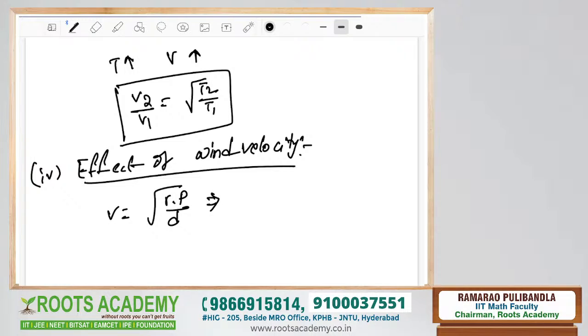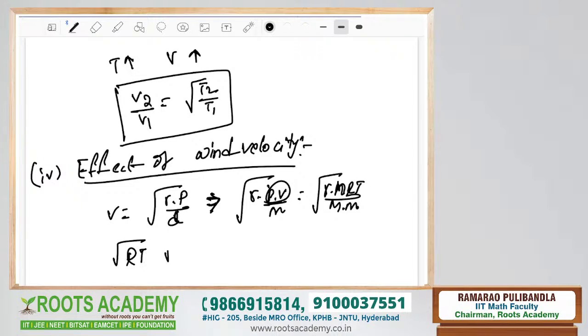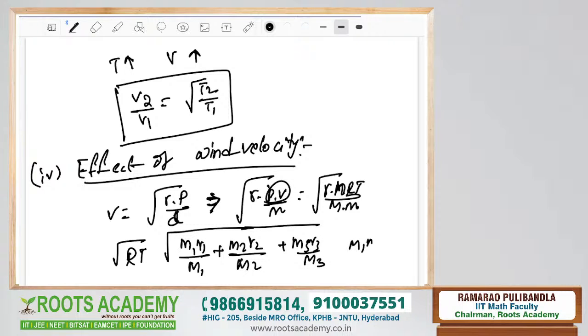In the previous case we substituted the density as M by V, and PV was substituted with nRT. From that we get RT into under root of m1 gamma 1 divided by M1 plus m2 gamma 2 divided by M2 plus m3 gamma 3 divided by M3, where small m1, m2 are the masses of the gases.